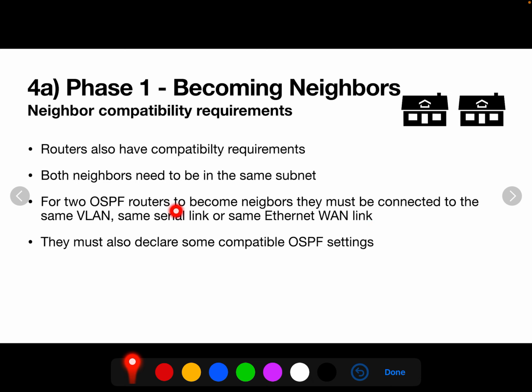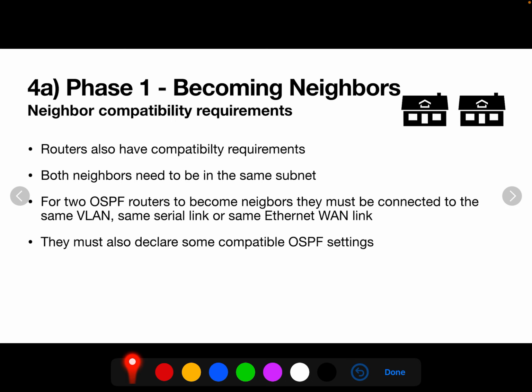So not interfaces, but it links the same serial link, same Ethernet WAN link, or the same VLAN. If the routers, two OSPF routers, are connected to either one of these, they can become neighbors. Going back to the human neighbor relationships, Charlotte and Samantha have one or two common interests that enable them to be true neighbors.